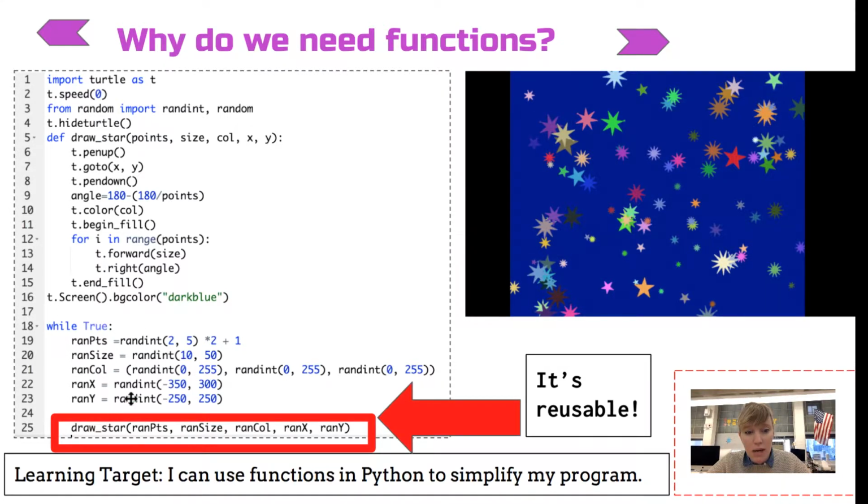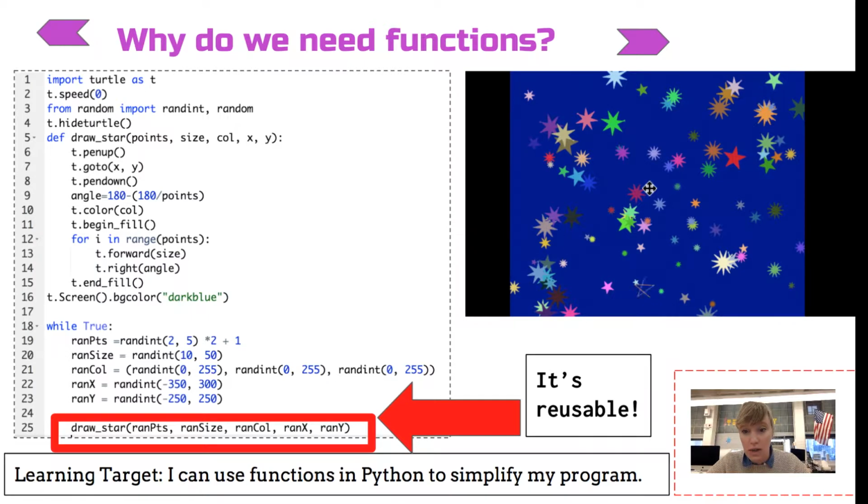Then what I did with my while true loop is I set the points and the size, I randomized all these things, randomized the location, and then I called the draw star function. This is the point at which I ask this block of code to run. Now the while true loop runs forever and ever because the condition is always met, because it's always true.